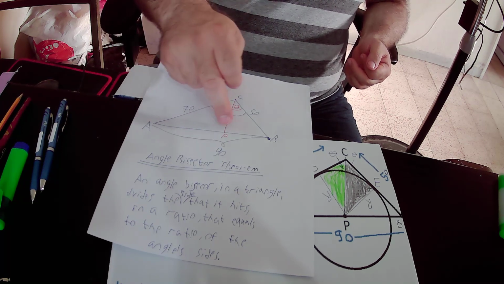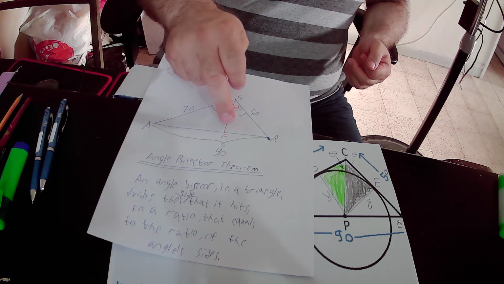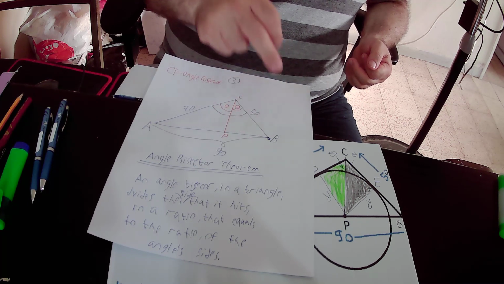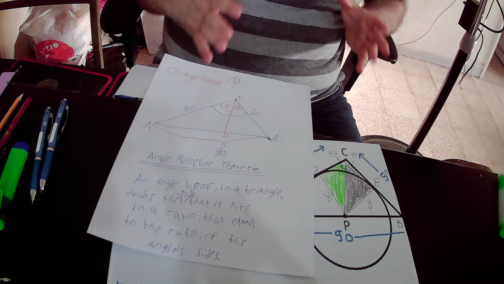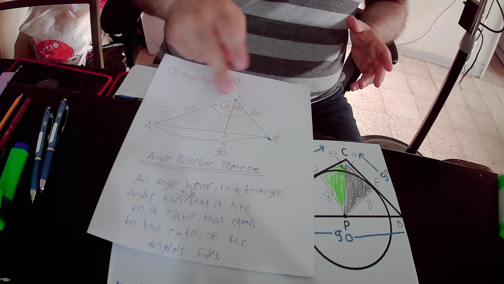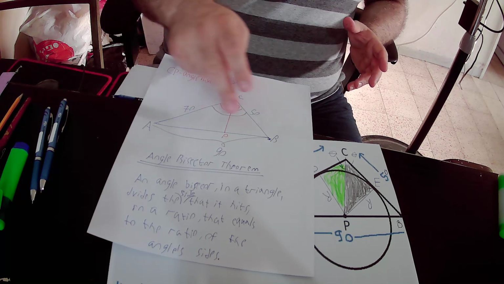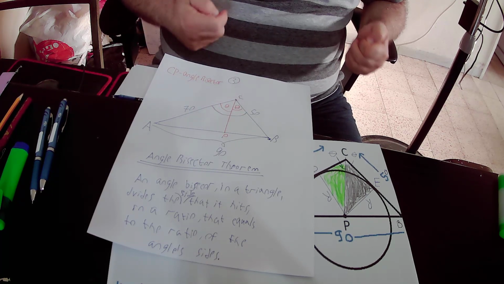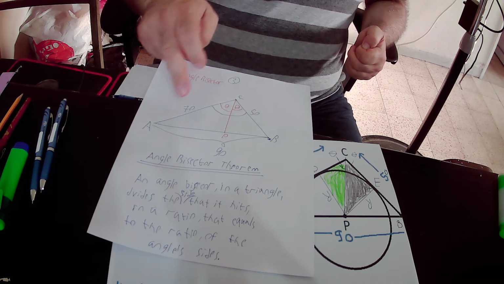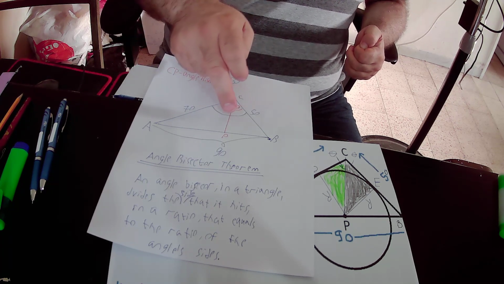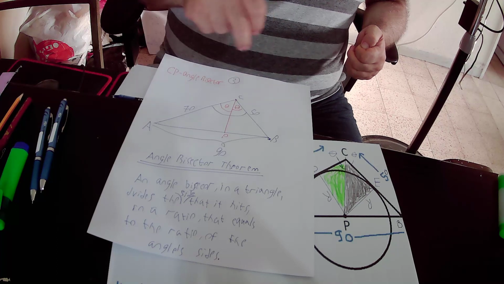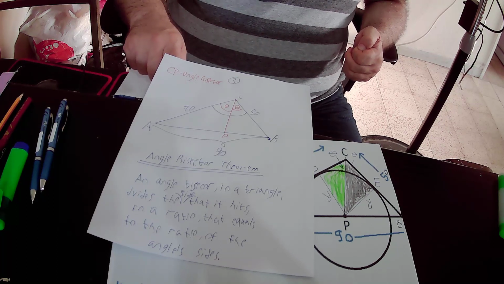The first part is AP and the second part is PB. And the ratio between those two parts is AP over PB.